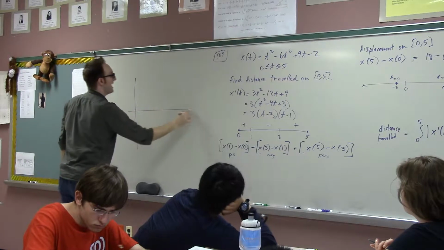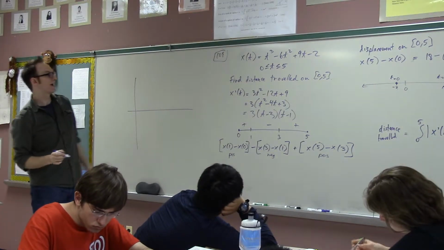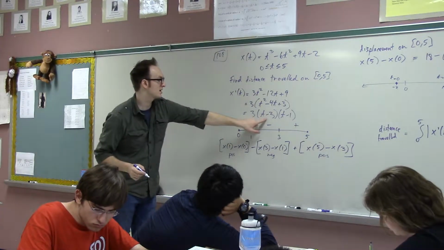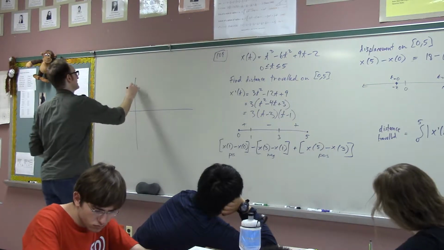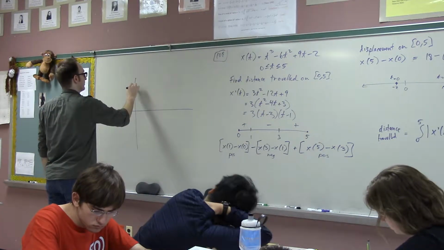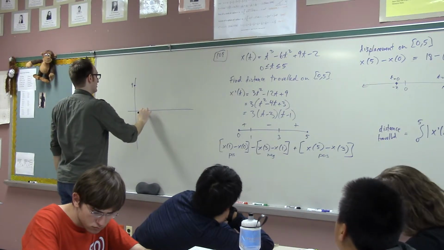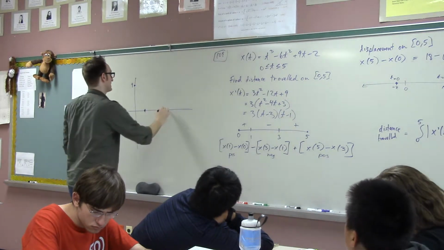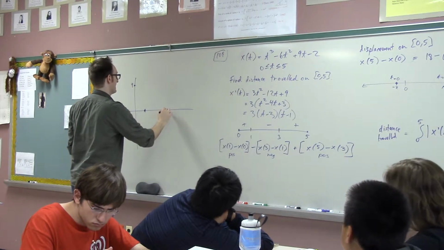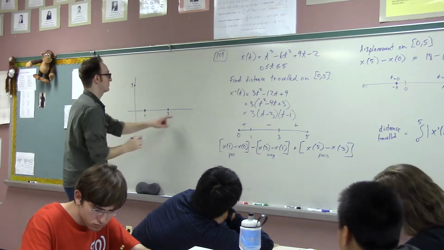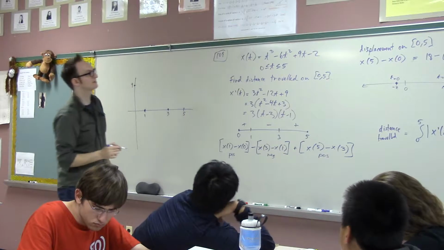So if we make a graph of velocity, when I plug 0 into velocity, I'm going to get 9. When I plug 1 into velocity, I get 0. When I plug 3 into velocity, I also get 0. And then when we plug 5 in, didn't we do this already? Or no, we didn't.